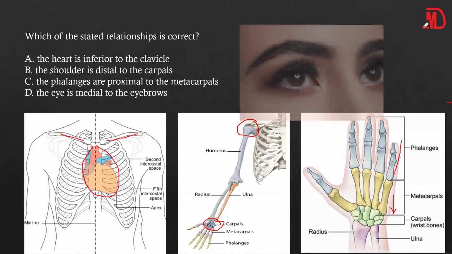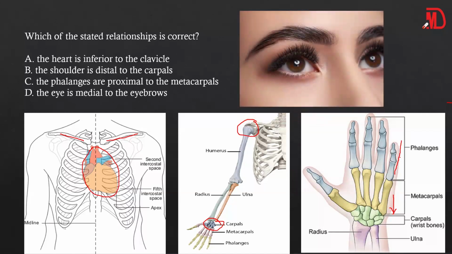Now, the last option. They say the eye is medial to the eyebrow. Is that so? Looking at this diagram over here, the eye is definitely located below and deep to the eyebrow. So this is your eyes, for those who still care to know what the eye is.